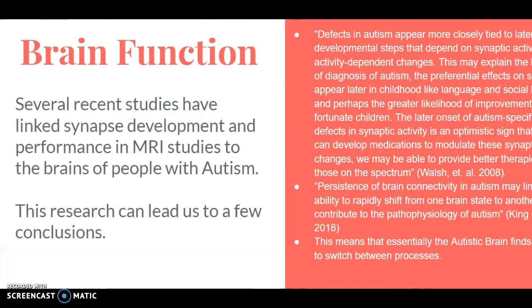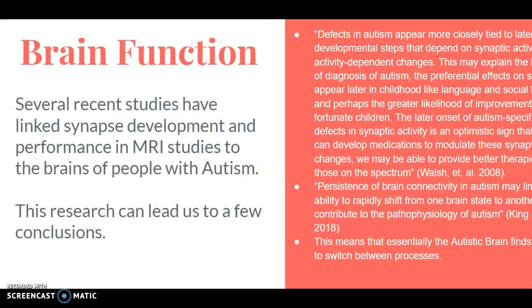So, brain function. Several recent studies have linked synapse development and performance in MRI studies to the brains of people with autism. The conclusions made with these new studies are that essentially the autistic brain finds it harder to switch between processes. This makes a lot of sense if you know some of the behavioral classifications of people on the autism spectrum.